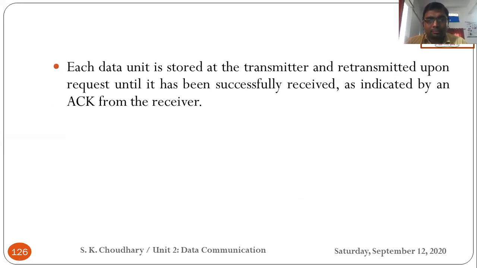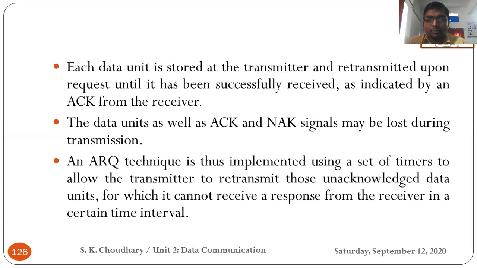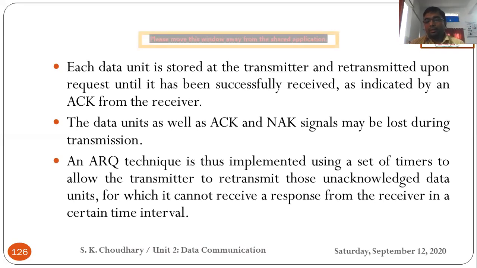So there are three types of ARQ techniques that we have to implement. There are also some timers used to allow the transmitter to retransmit those unacknowledged data units for which it cannot receive the response from the receiver.